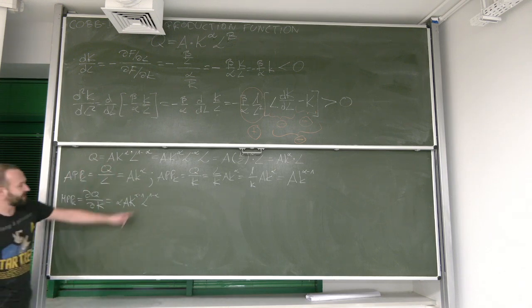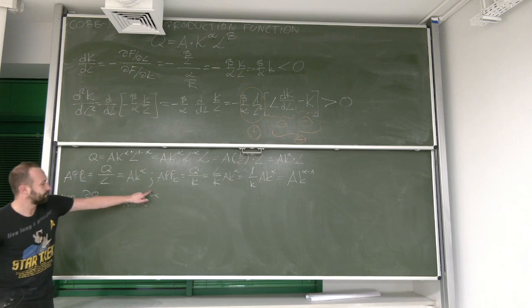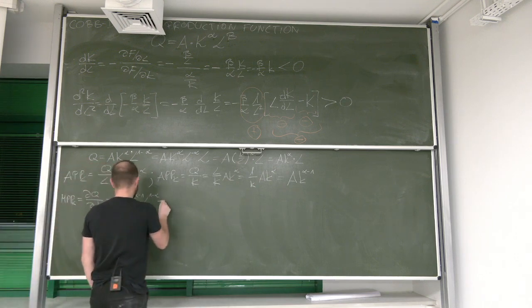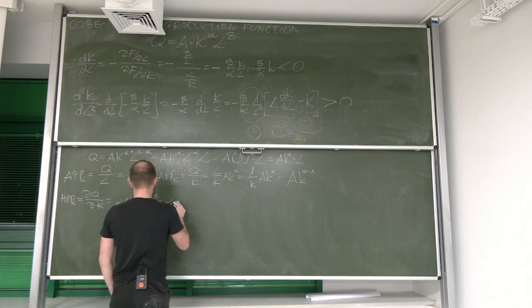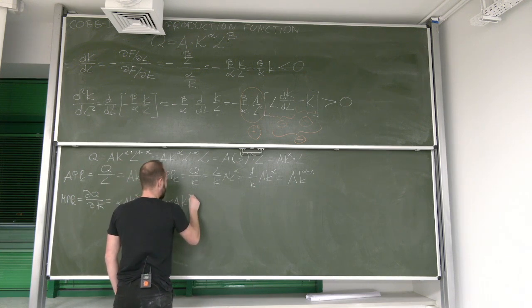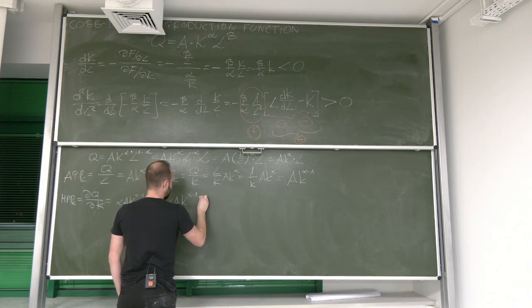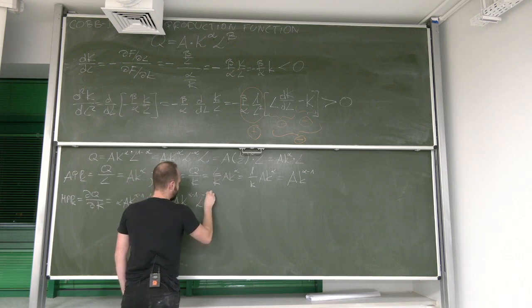But look, if I take the minus out of this exponent, I get alpha times A K to the power alpha minus 1 times L to the power negative alpha minus 1.